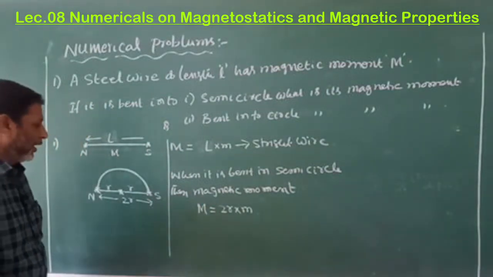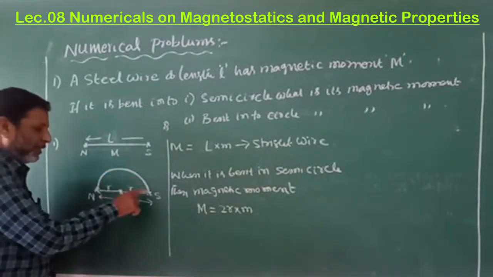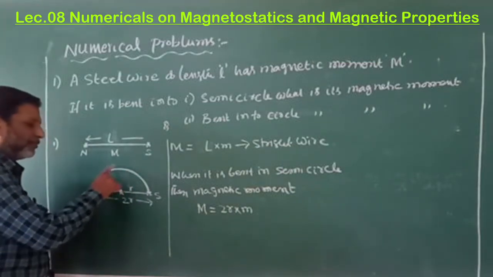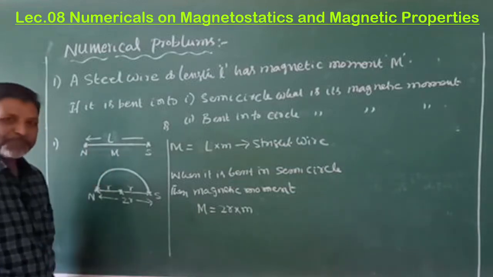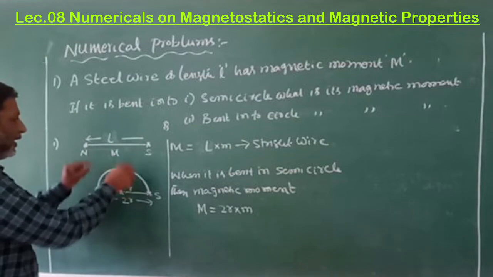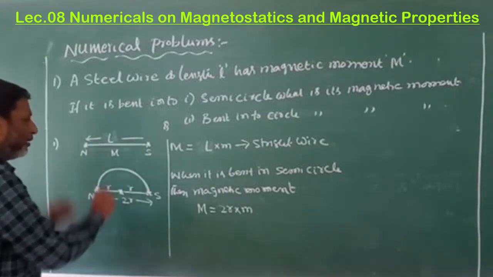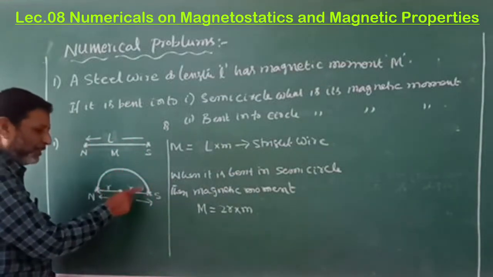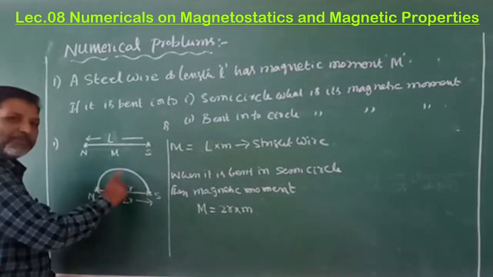Now you see here, if this is a semicircle, it will become half of the circumference, isn't it? The total length of the wire is L. Since it is a semicircle, it is half of the circumference.